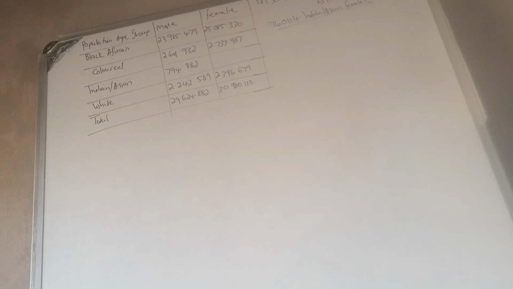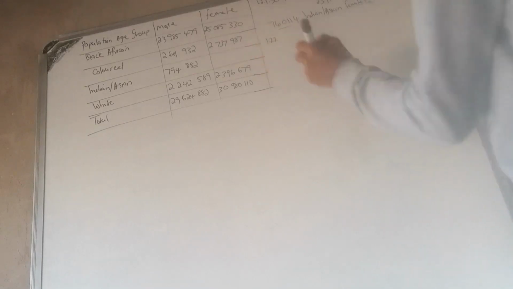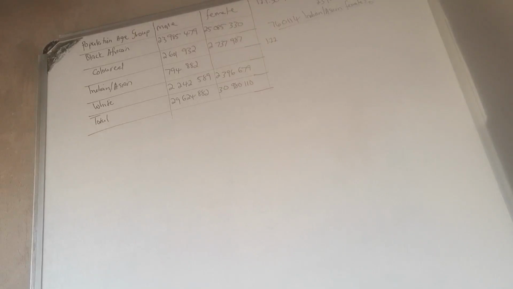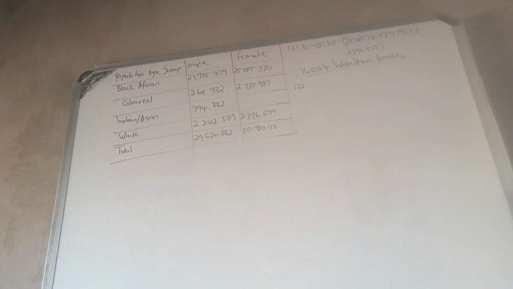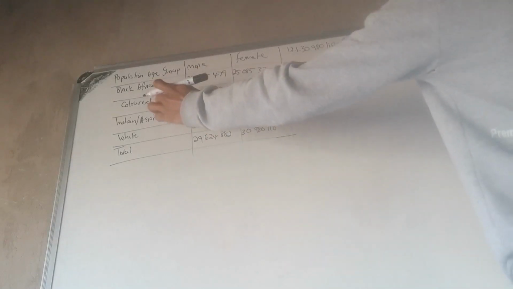Then we go to 1.2.2. Write down the total number of colored males in words. So we have colored males.